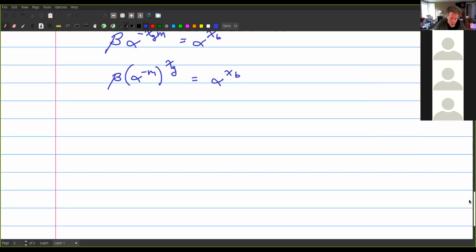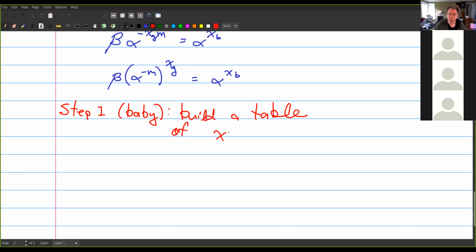Okay, so the basic idea here is, step one, the baby step, is to build a table of alpha to the xb for all possible baby x.